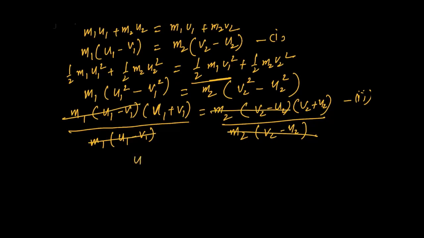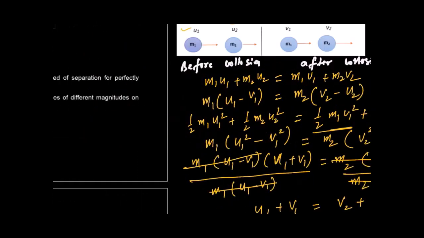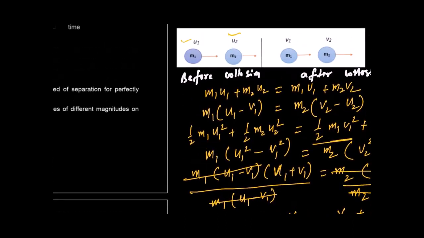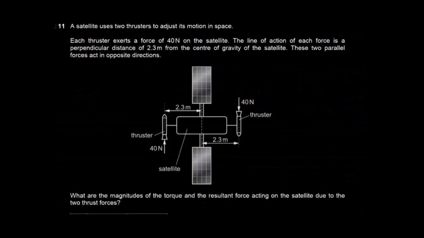So we get u1 plus v1 is equal to v2 plus u2, or u1 minus u2 is equal to v2 minus v1. u1 minus u2 is the difference of these two velocities, so this is the relative speed of approach, and v2 minus v1 is the relative speed of separation. Option C is correct.